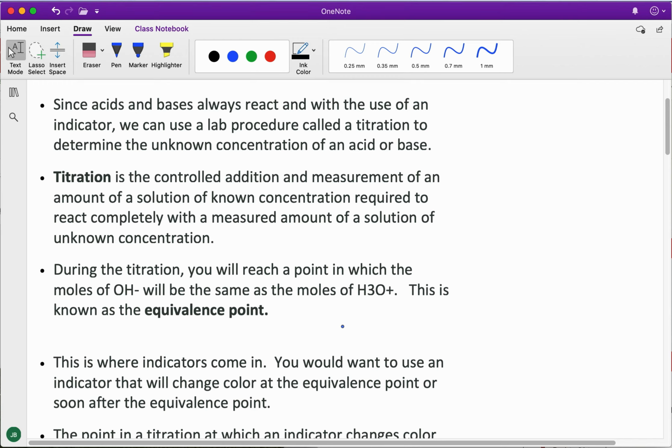So if you have a base in your Erlenmeyer flask, you're going to have an acid in your burette. If you have an acid in your Erlenmeyer flask, then you're going to have a base in your burette. So it's important that they are opposites of each other.